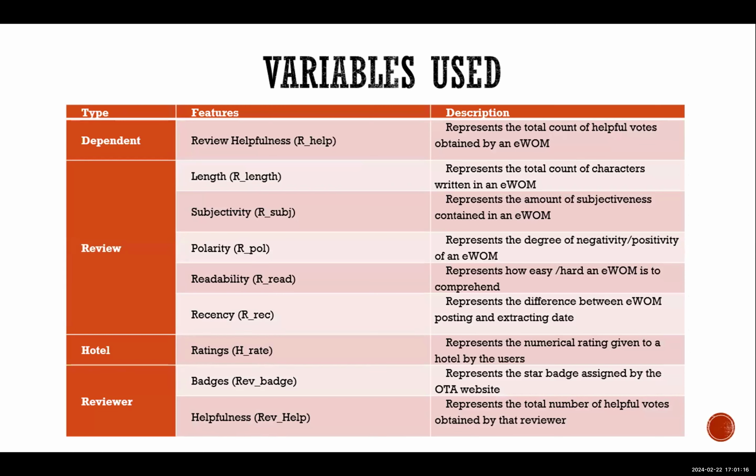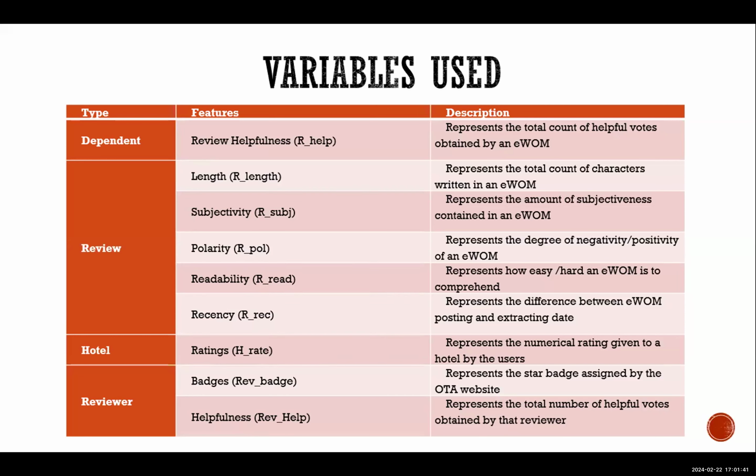These are the variables I have used. First of all, my dependent variable is review helpfulness. This is basically the total count of votes obtained by an EWOM. Then we have length of the review, measured in the number of characters written in an EWOM.